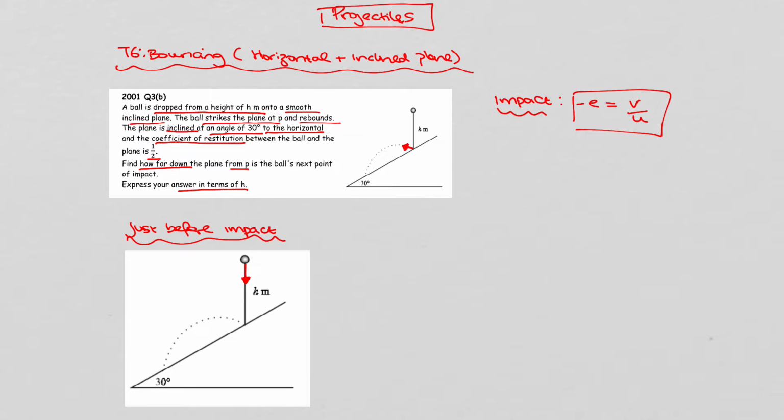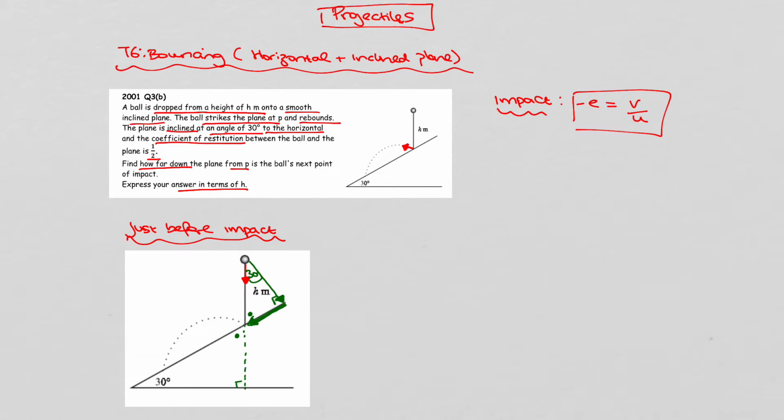I'm going to use a different colour pen for resolving vectors, always. We can see we have the velocity, parallel and perpendicular components. Again, that's our right angle triangle. If I continue that line down, we have 30, 90, and vertically opposite angles, so this angle here has to be 30 degrees.